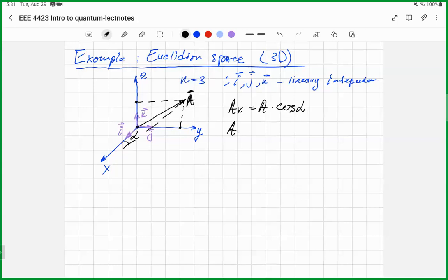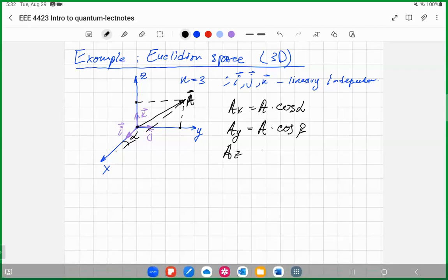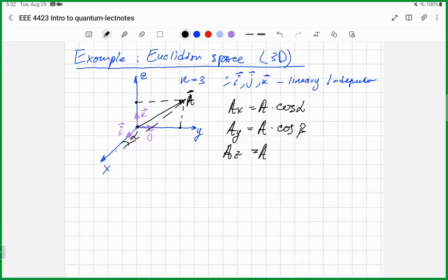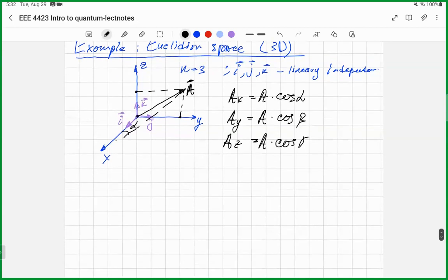And the same way for the component y, it is the length times cosine beta. Beta is the angle between the y axis and the vector. And the final one, a_z, is given by the absolute value of the vector, or its length, times cosine gamma. Gamma is the angle between the vector and the z axis.